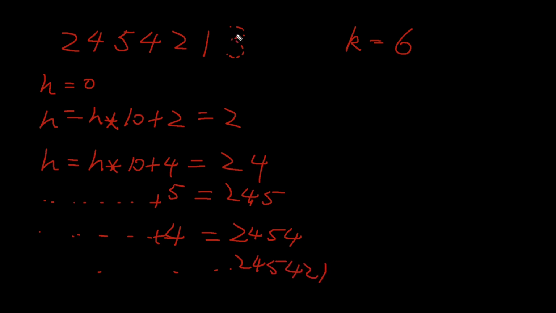Now, let's say we move one more, trying to include this 3 here. Obviously, the new value is 454213. How can we get the value of 454213 from here?